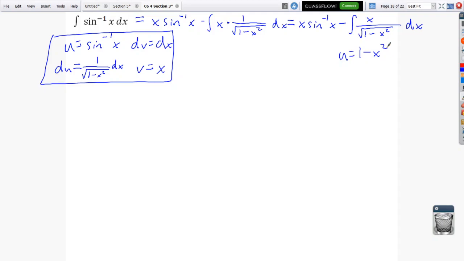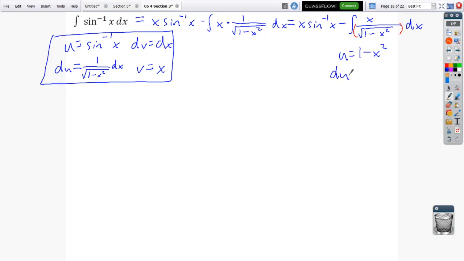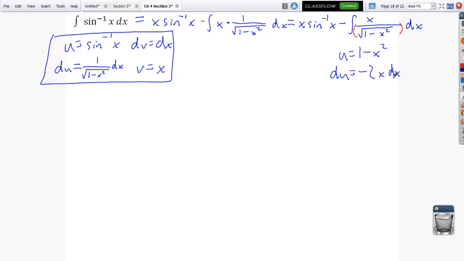So I'm going to ignore, just like we did in the last video, this divide by square root of 1 minus x squared. The rest of that is x dx. When I take this derivative, my du is going to be negative 2x dx.